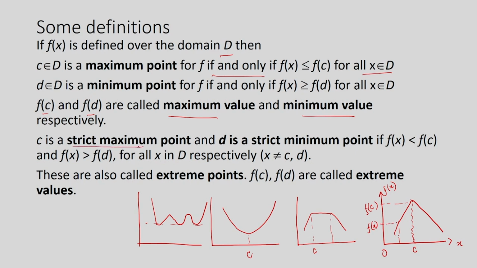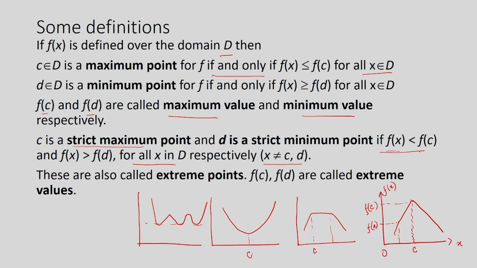Small c is a strict maximum point and small d is a strict minimum point if you have a strict inequality like f(x) is strictly less than f(c) and f(x) is strictly greater than f(d) for all x in the domain respectively.